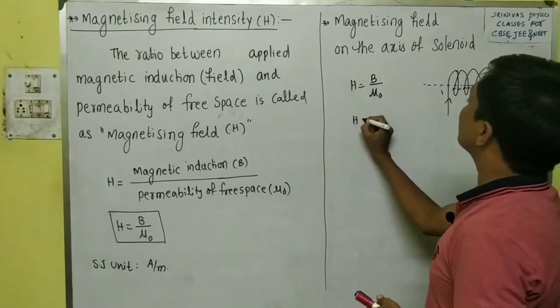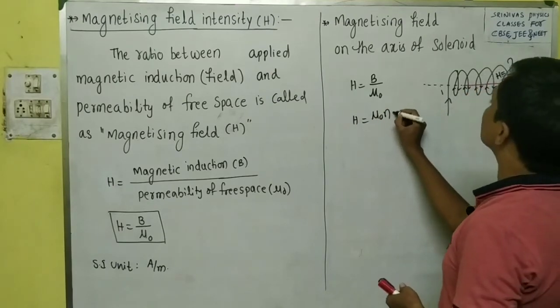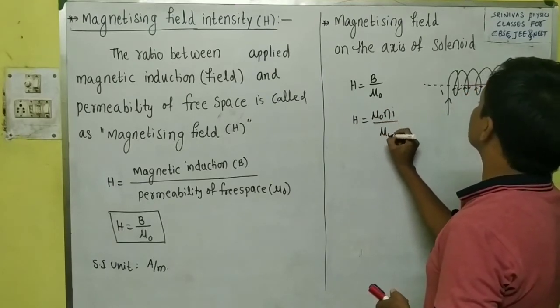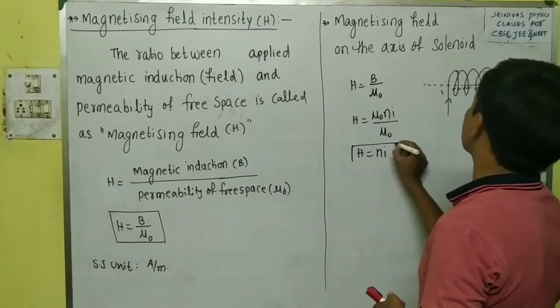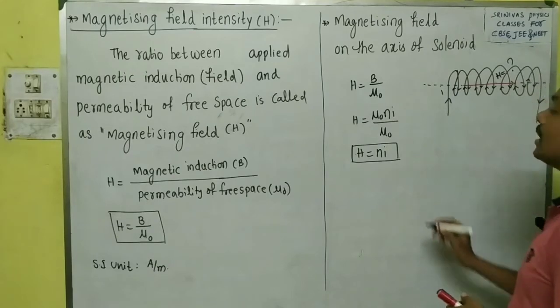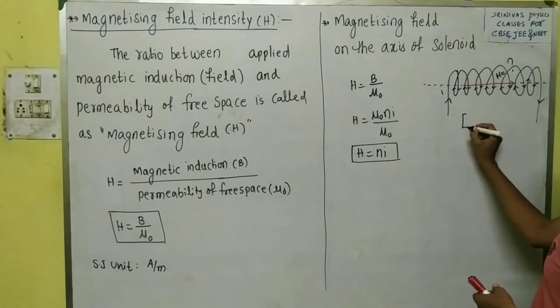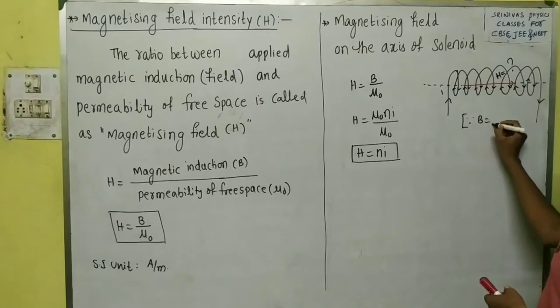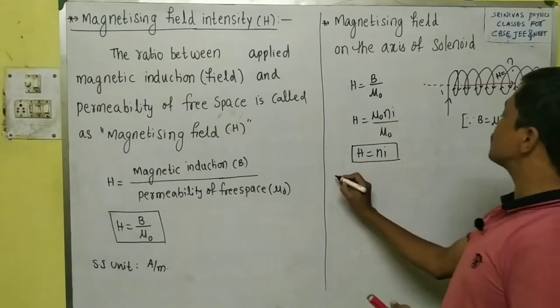H is equal to B by mu naught, and we know the formula for magnetic induction on the axis, that is mu naught N i. So mu naught N i by mu naught, that is, H is equal to N i. This is the magnetizing field produced by the solenoid. What is N?